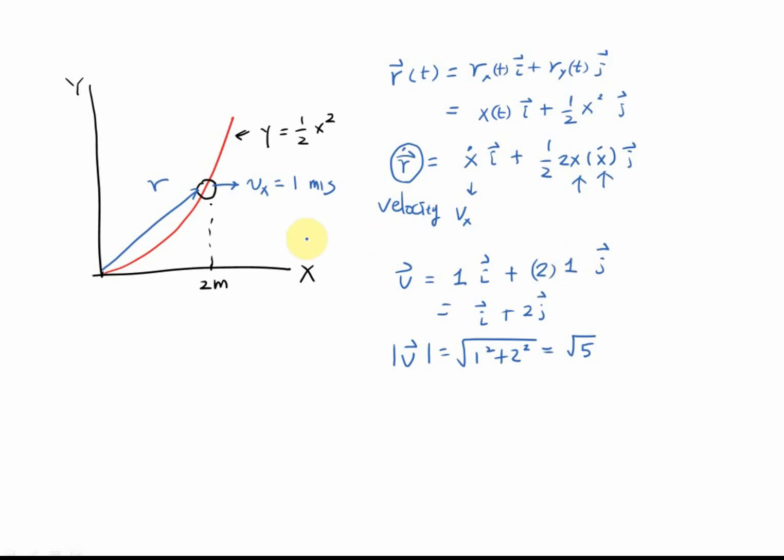So in this simple example, given the x position and the x component of velocity, your y position is determined by the x position. That's why if you put in the y component using that curved path function and differentiate r, you can get the velocity.